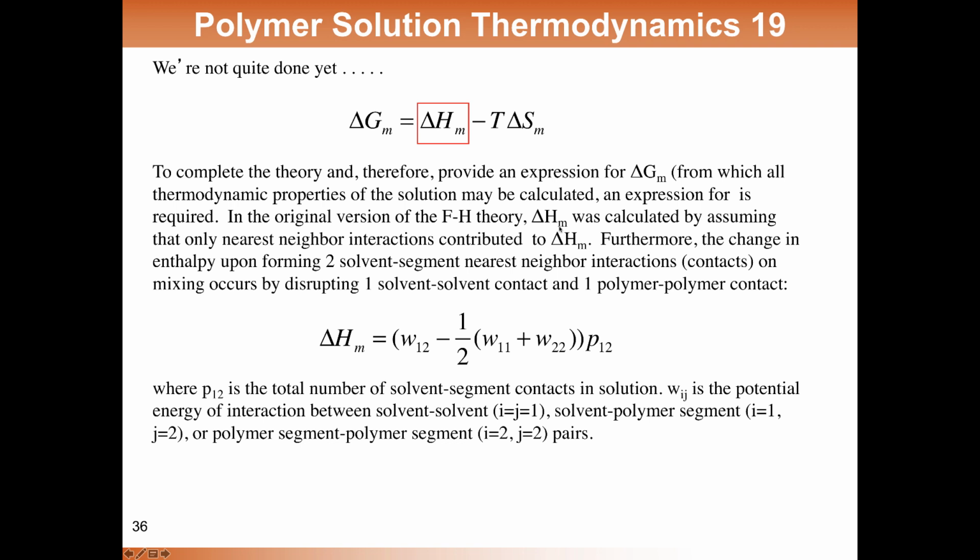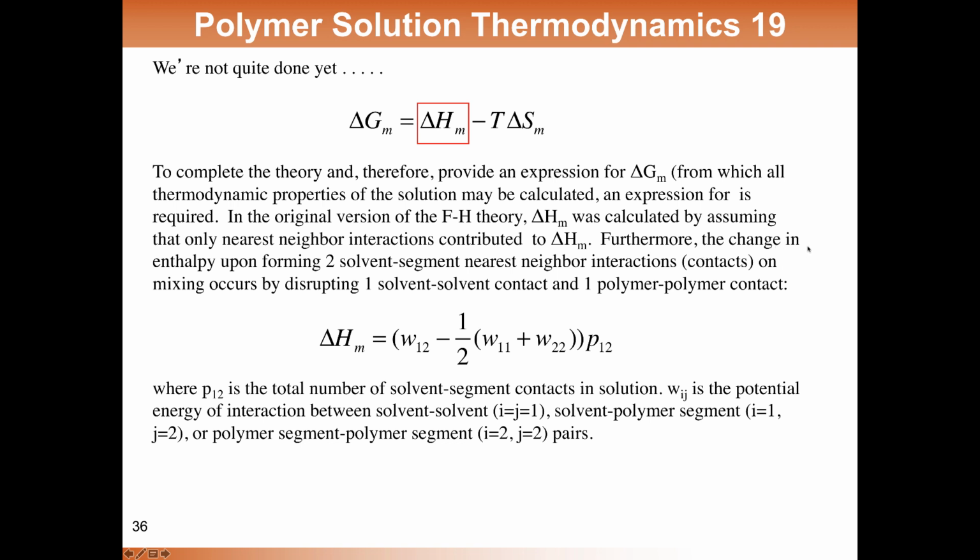Originally, the delta H of mixing was calculated assuming that only nearest neighbor interactions contributed to this. And also, he went back to the then-popular lattice theory to estimate the value of the delta H of mixing.